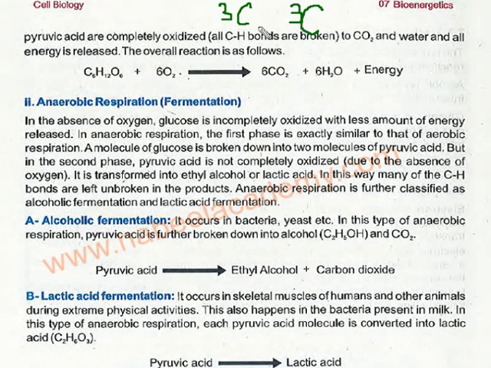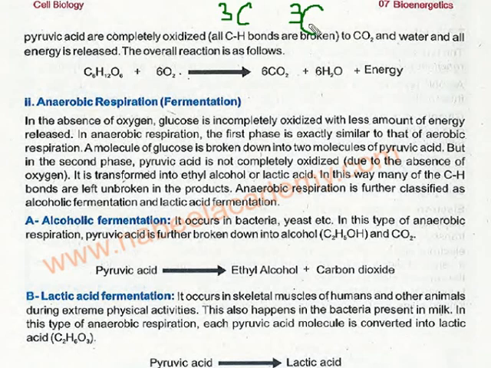So we have two molecules, 3 carbons and 3 carbons. Are all the bonds broken? No. Are all the carbons separate? No. Now we want to break all the bonds and we want 6 separate carbons.